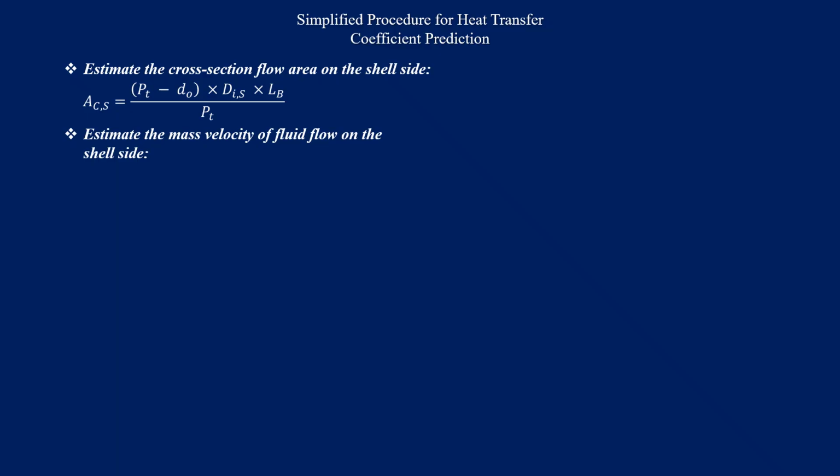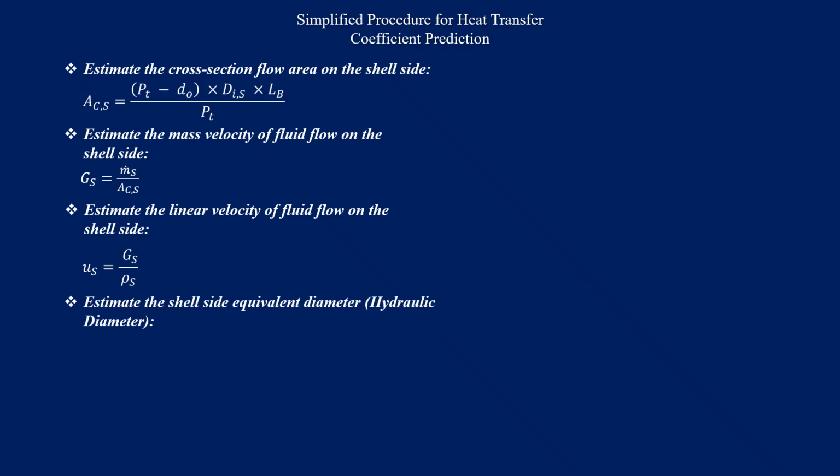Then we may calculate the mass velocity of fluid, G sub S, which is represented by the mass flow rate on the shell side divided by the cross-sectional area. From that, we may estimate the linear velocity of the fluid, U sub S, and then we may go on to estimate the equivalent diameter, the hydraulic diameter on the shell side.